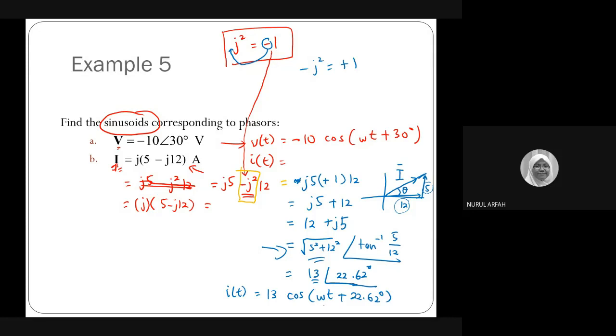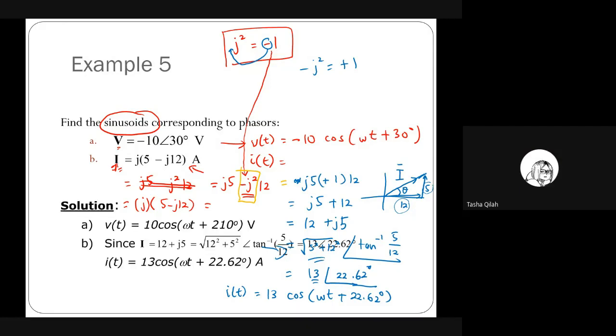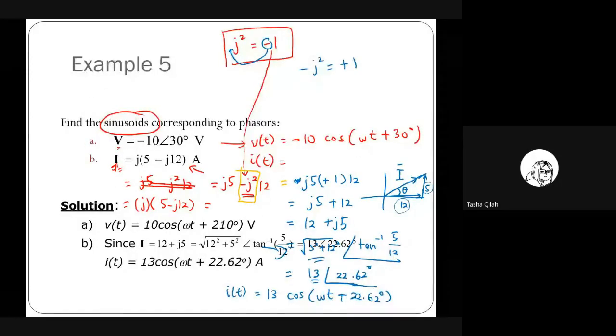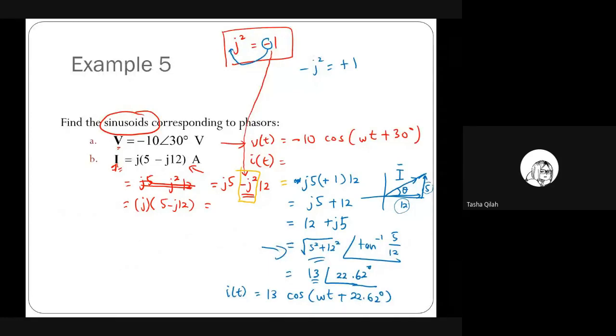Is it okay? Yes. Alhamdulillah. Madam? Yes. Oh, okay, because the first question too, since it's negative, is it necessary to change to positive cos? Can? Also can. No problem. So if this is a positive cos, you can just plus with 180 degree.